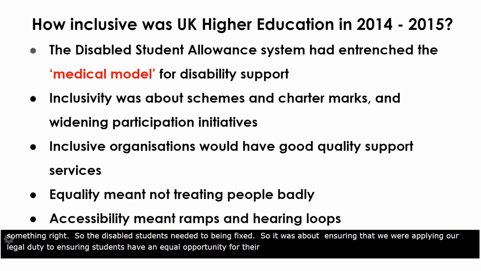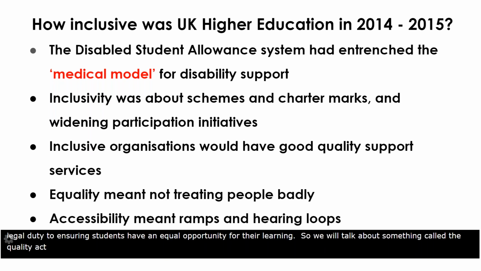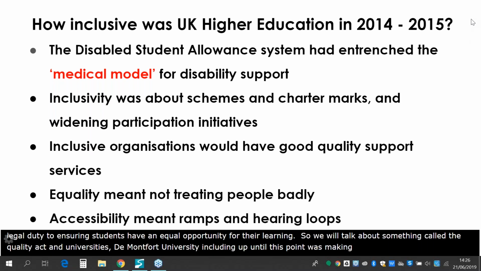We talk about something called the Equality Act, and universities, De Montfort University included, up until this point, were making sure that students had an equal learning.